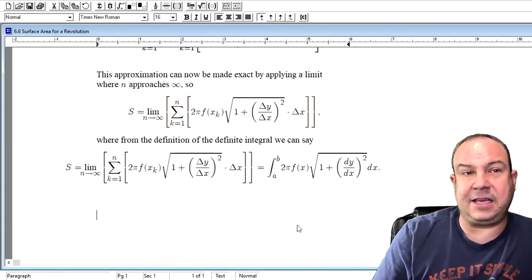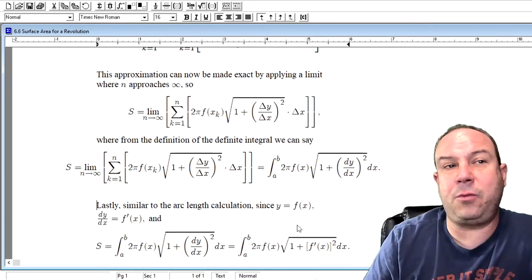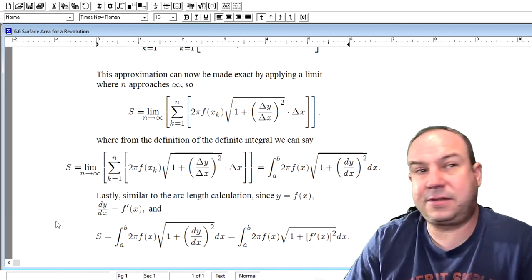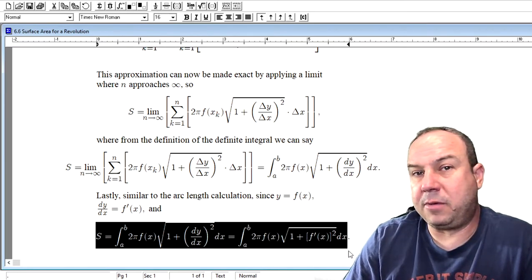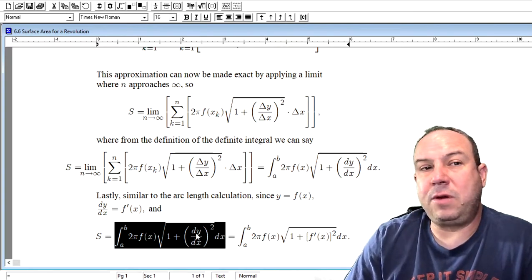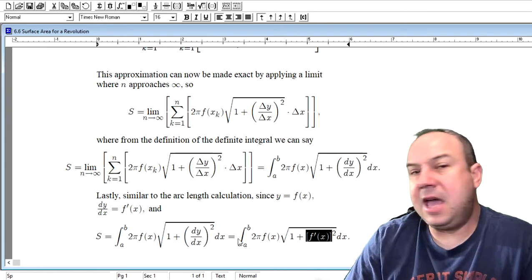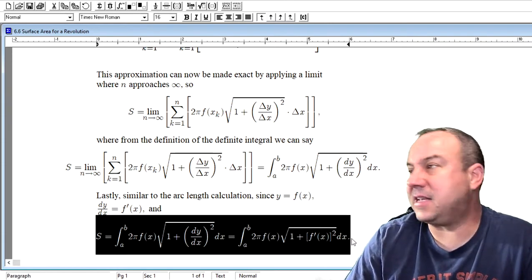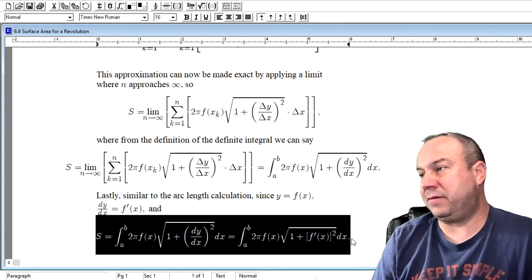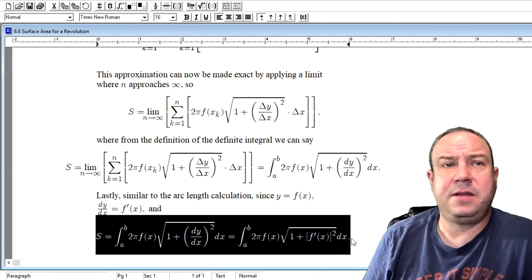And then again, like in arc length, since y equals f of x, dy/dx must be equal to f prime of x. And we're able to look at our surface area calculation and replace the dy/dx in that calculation with f prime of x. And what we yield here on the right-hand side is our formulation, folks. This is the proof seen above.